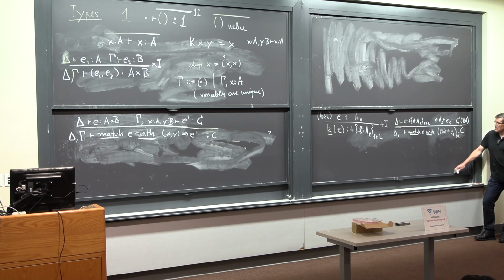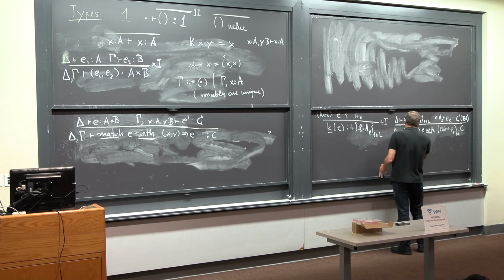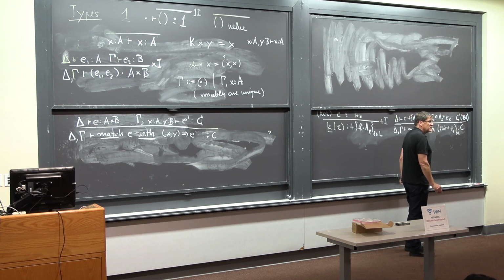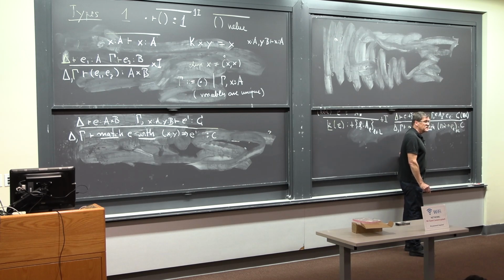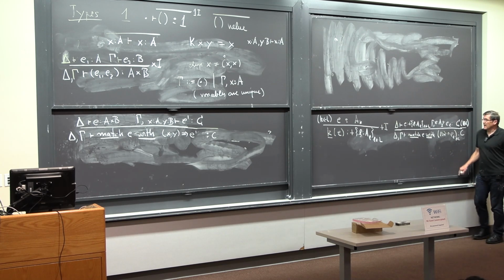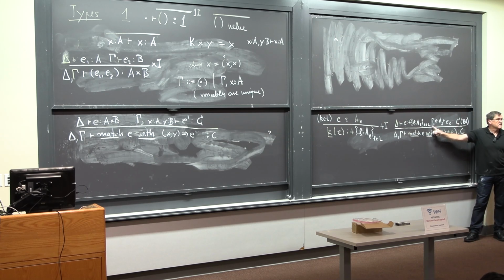Okay, so here's the answer. We have some gamma, and we pass in the same gamma to all the branches. So it looks like you're actually reusing things because it's passed into more than one branch. Does anybody have some intuition about why it's actually okay to take this one gamma here and replicate it for all the branches over here?